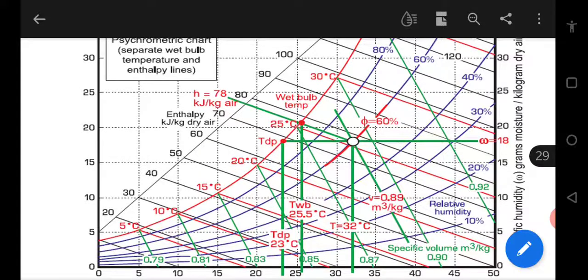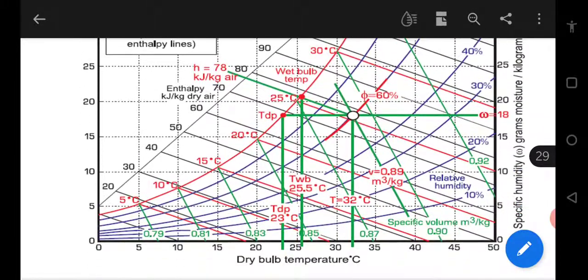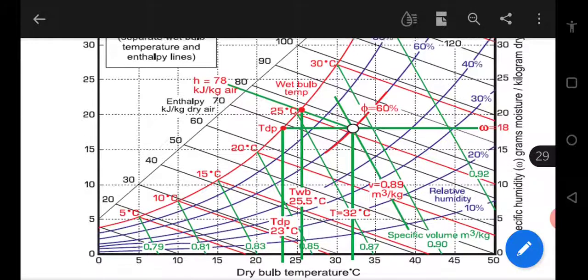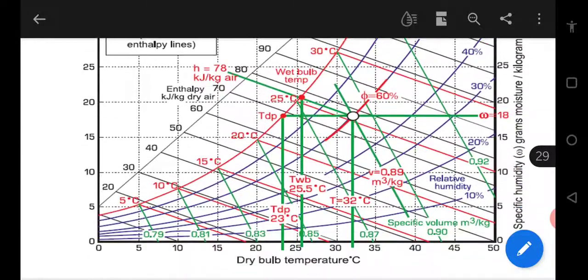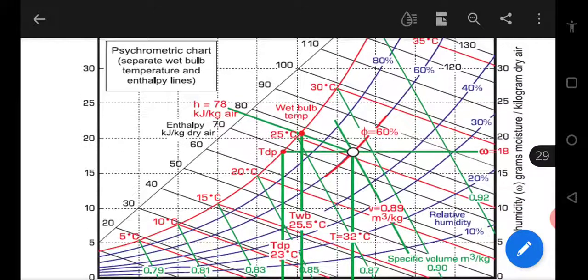So if you look at 5 degrees centigrade and 35 degrees centigrade, you see that at 5 degrees centigrade, the amount of moisture air can hold is only 5 grams per kg of dry air. Whereas at 35 degrees centigrade, it holds almost 35 grams of water. So as the temperature increases, the moisture holding capacity of the dry air increases.